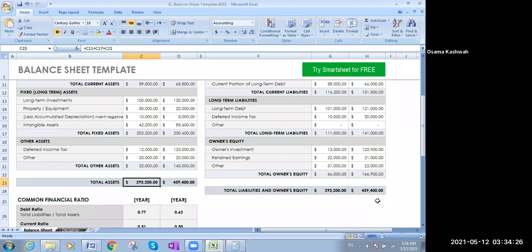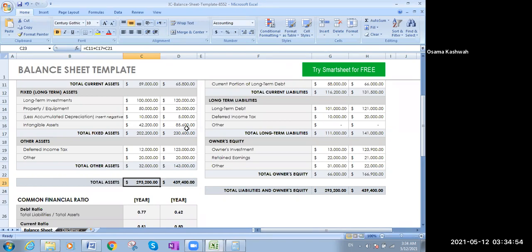You take the gap and add it into the intangible assets. This will make the balance sheet balanced again.